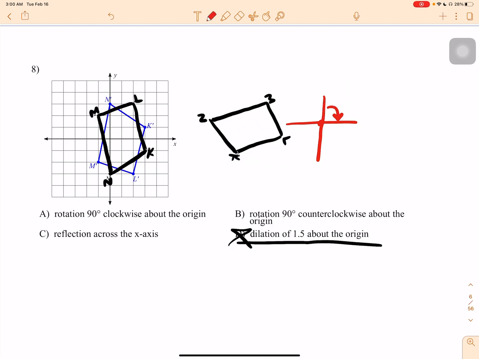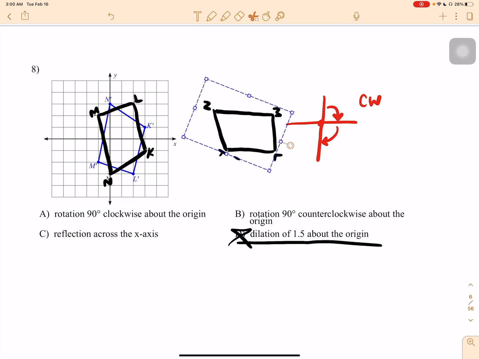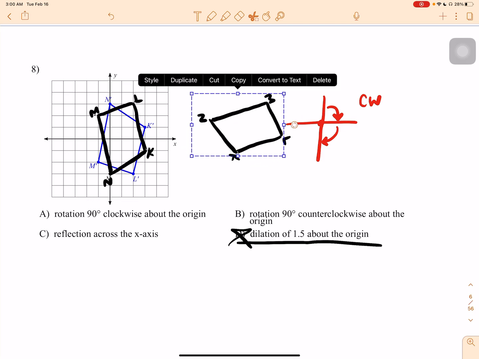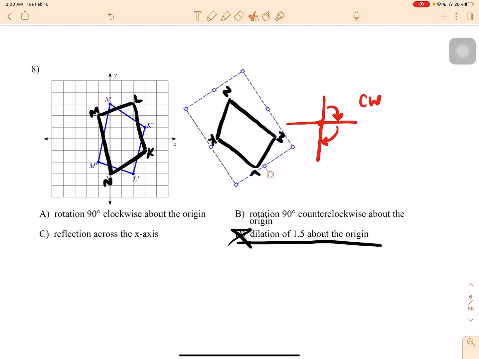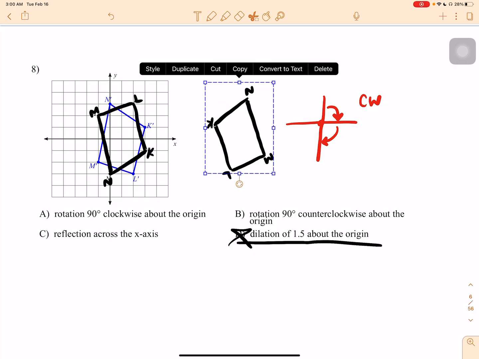Now if I go one more turn, and these are all going clockwise, by the way, I'm going to end up, let's see here. Whoopsie, I lost my K. That's always frustrating. Okay, so one more turn. This one would be 180 degrees.